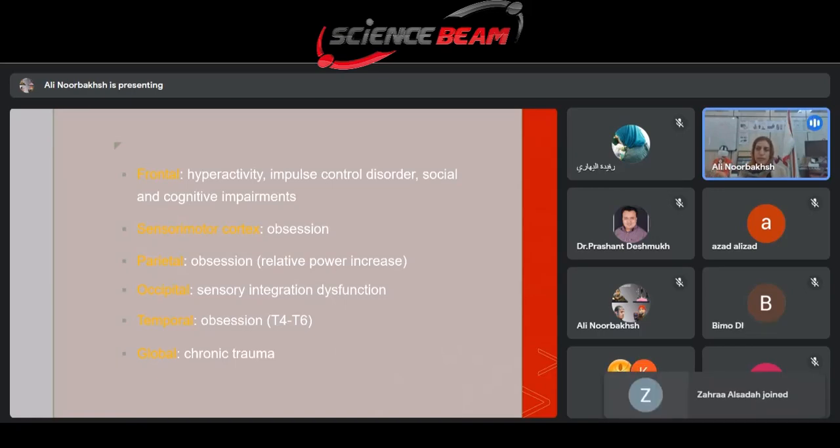If delta is increased in the occipital lobe, it's related to sensory integration dysfunction. And if delta is increased in the temporal lobe, it's related to obsession, including T4 and T6. And if delta increases globally, it's related to chronic trauma.